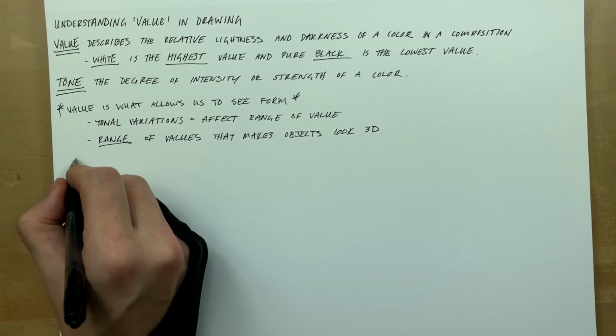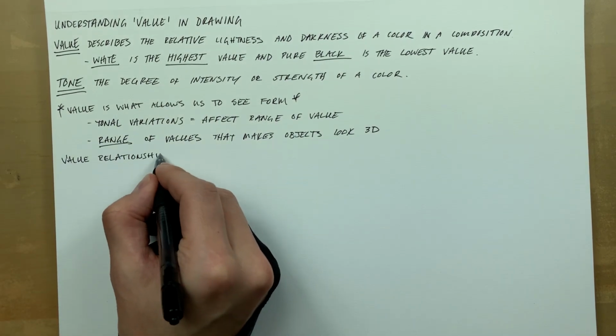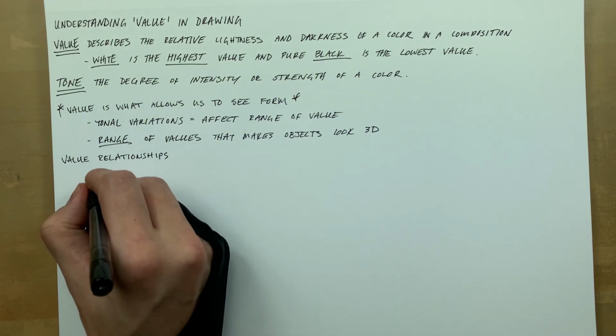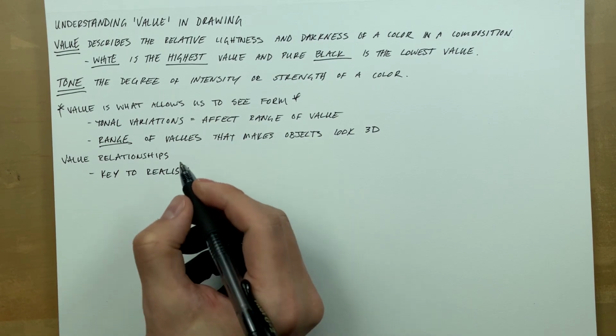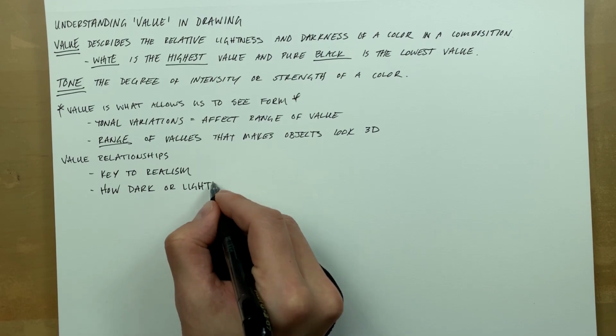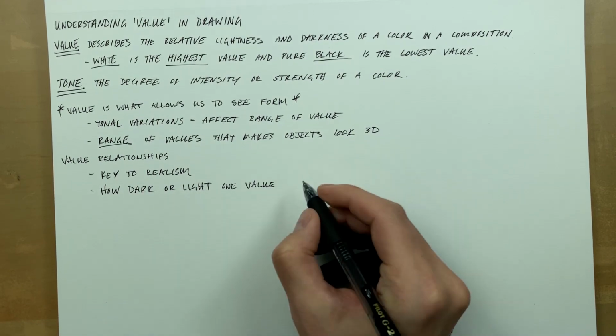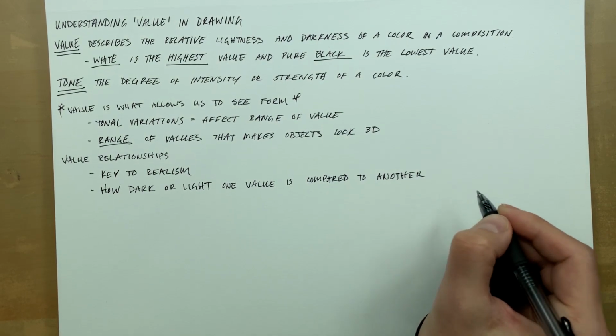Now, value relationships. Value relationships in drawings are essentially the key to realism. What these are is how dark or light one value is when it's compared to another value.